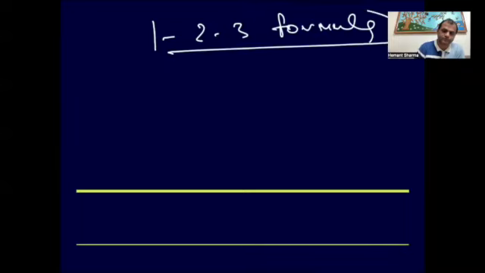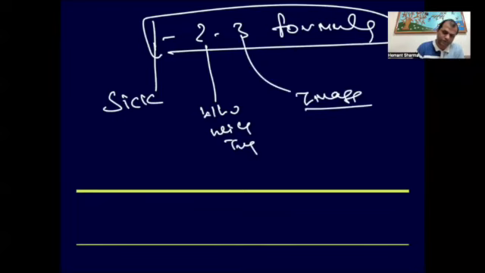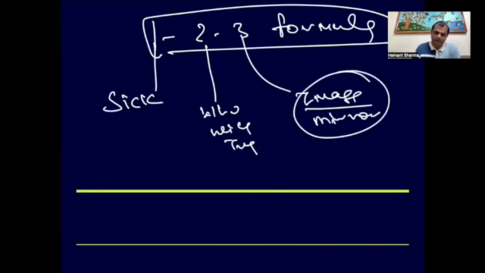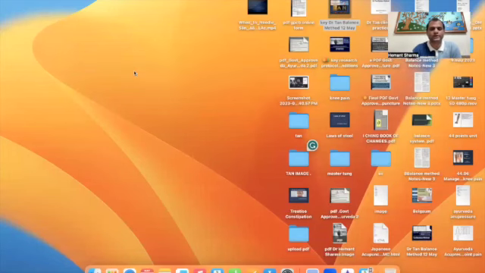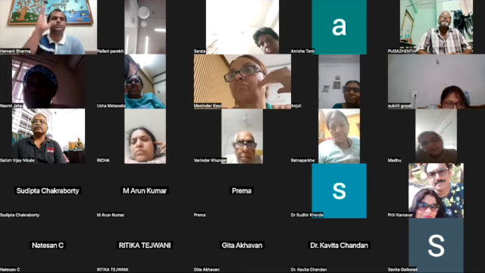Finally, remember the 1, 2, 3 formula: find out the sick meridian, find out who will treat. And concept number 1, image and mirror. There are more image and mirror concepts, and more things which I will add slowly. Memorize everything till today so that tomorrow we can go with speed, right?